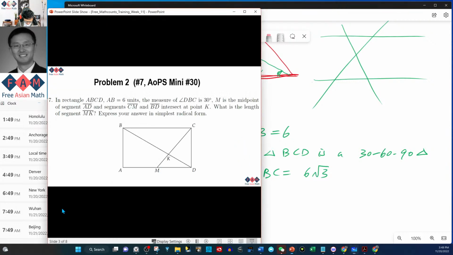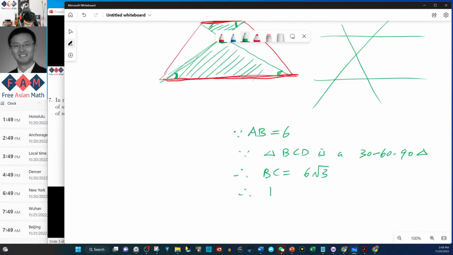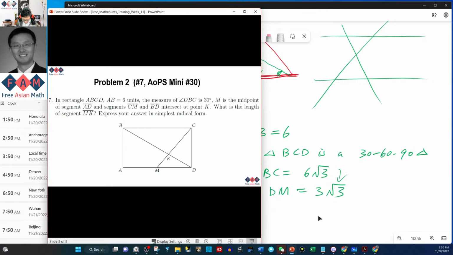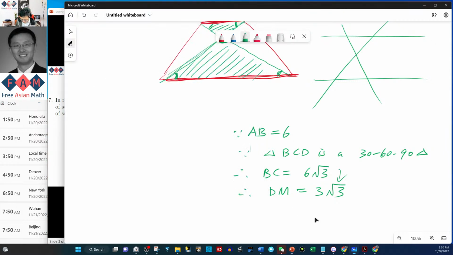Therefore, DM, of course, I jump a few steps, but just to save time and space, you should be able to fill in the gap. From here to here, you need to say M is the midpoint of AD, and AD is congruent to BC, and so on. But I skip those points, just make sure that you understand.